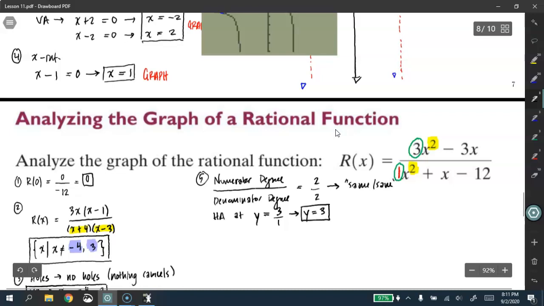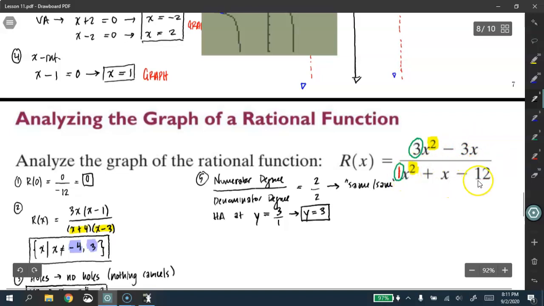Now, if you're wondering, why do we say something such as this? Basically, the idea is that x squared is the most powerful term, and what we mean by that is anything you put into this x is going to be squared. So this one is going to have a greater impact than that one because that one simply is an x, and x squared is more powerful than an x. So in the long run, this function will basically behave the way that 3x squared behaves. It's not going to be impacted in the long run by 3x.